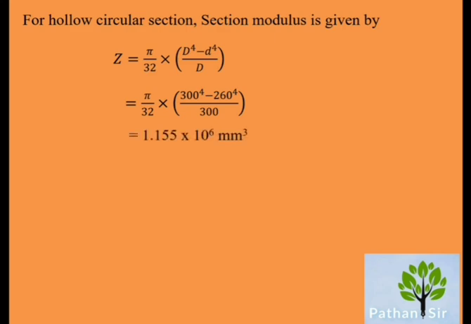So Z comes to be 1.155 into 10 raised to power 6 mm cube. Put the values of M and Z in the bending stress formula: 9 into 10 raised to power 6 divided by 1.155 into 10 raised to power 6. So sigma b comes to be 7.79 Newton per mm square.